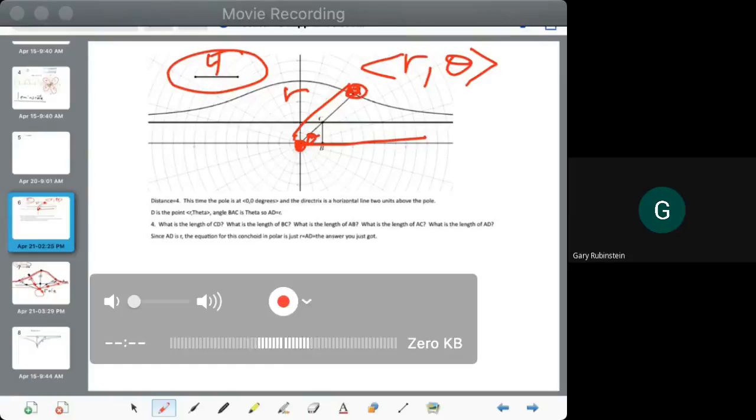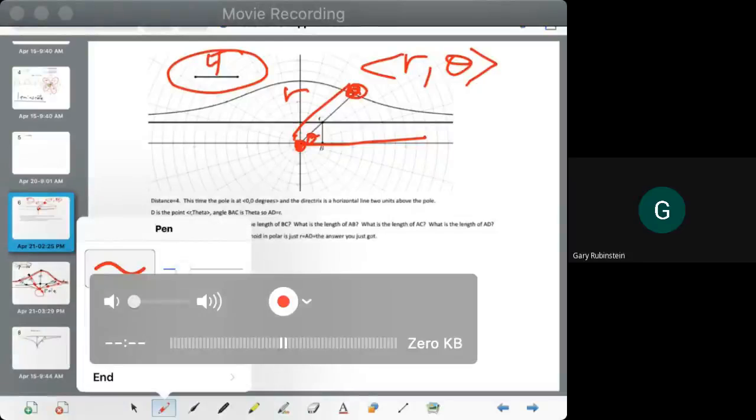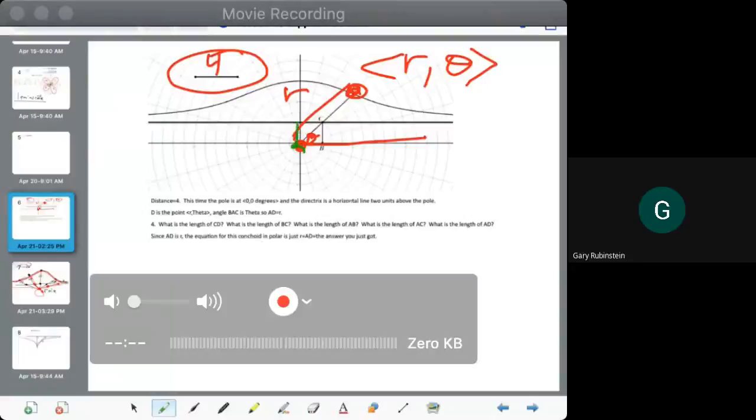The reason I know that is, if from the pole I go straight up, the directrix there is at y equals 2. And then to get to this peak here, I would have to go 4 more. That's why 4 is definitely the magic number, or the distance, for this conchoid of Nicomedes.